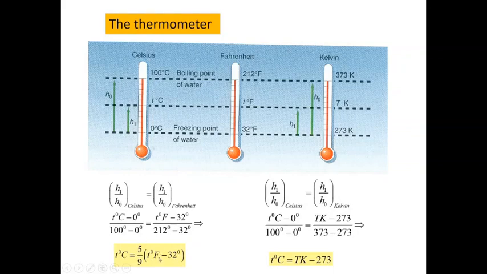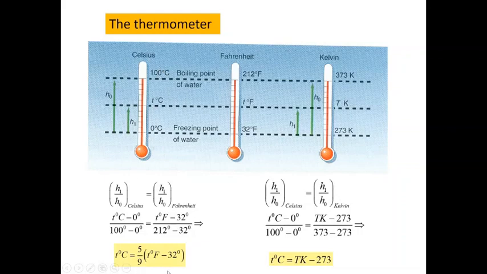So let's check: for 32 Fahrenheit, 32 minus 32 is 0. So 0 multiplied by 5 over 9 is 0. So this is 0 degrees Celsius. Or 212 minus 32 is 180, divided by 9 it's 20, multiplied by 5 it's 100.